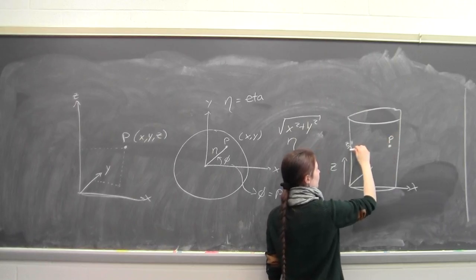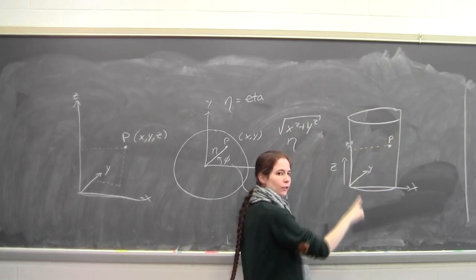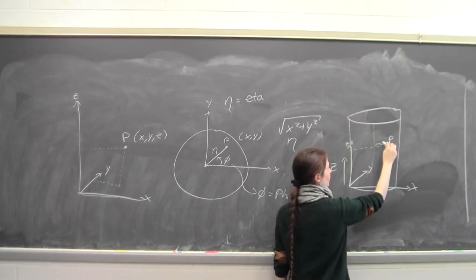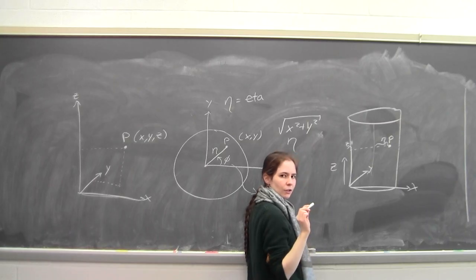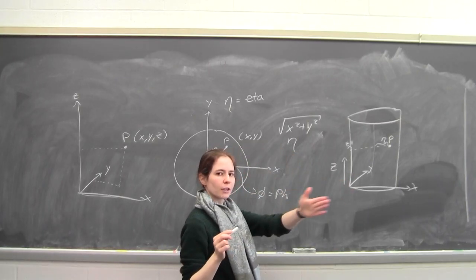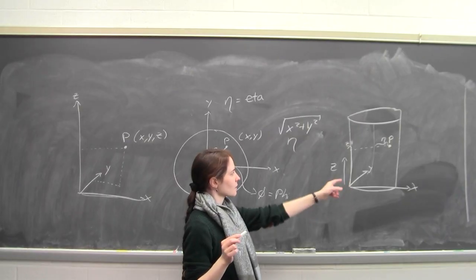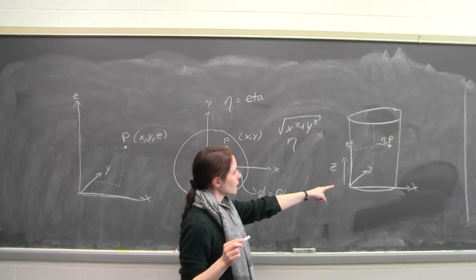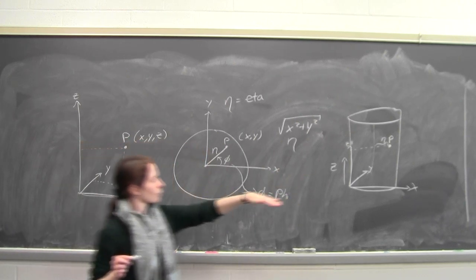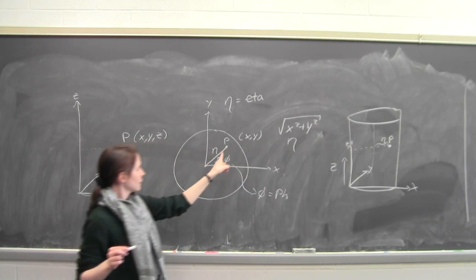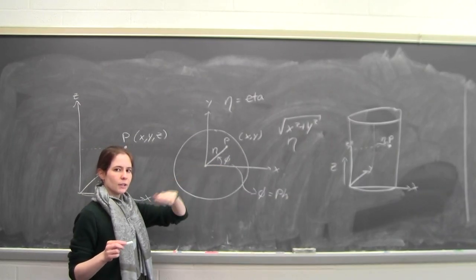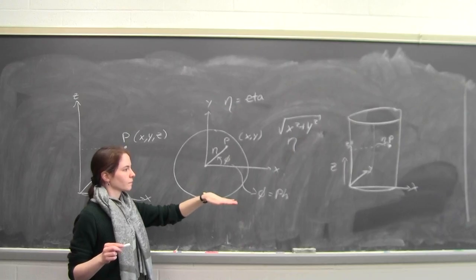So this location P is going to be described by some value z, some value eta, which is the distance that it is from the center of the cylinder, and then some value phi, which is how far it is rotated off of the x-axis. And the way I've drawn this, we can't really see it, but I could imagine cutting a cross-section through this cylinder, and that's just what this would be. So we can define our phi angle in cross-section of the cylinder.